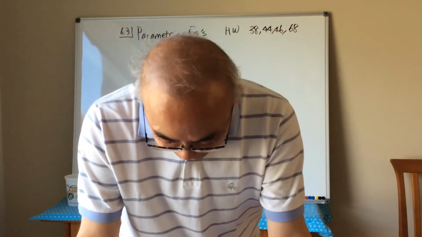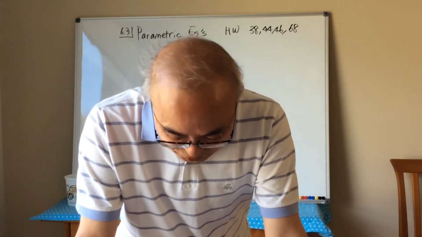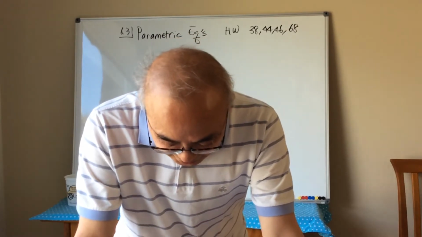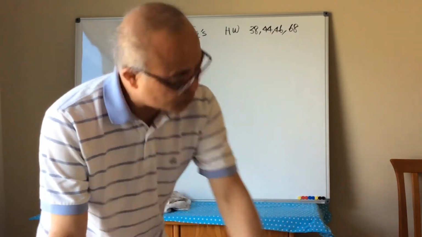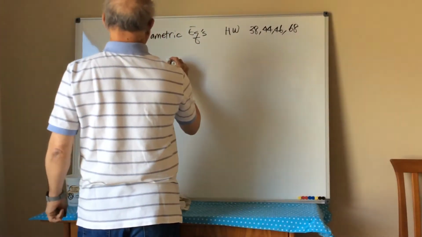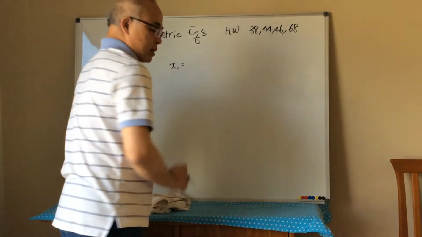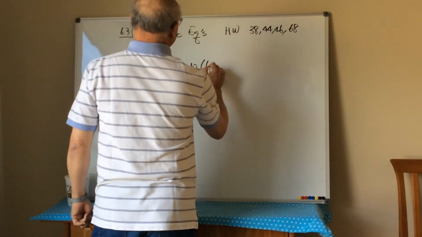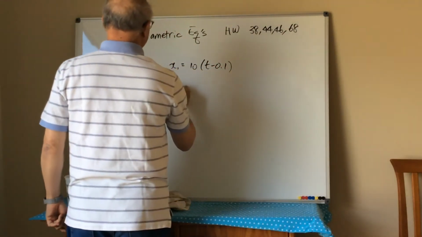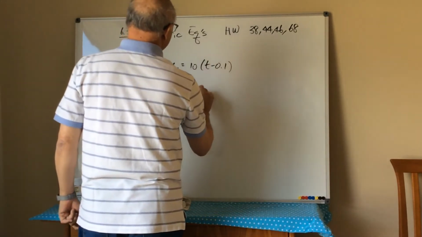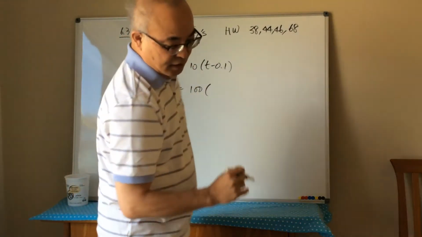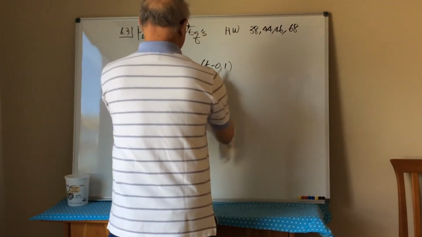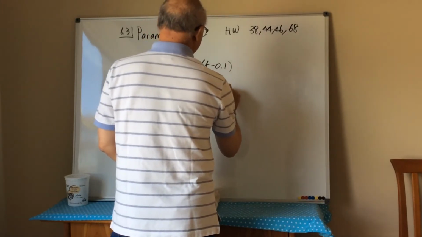38, capture the flag. Two opposing players in capture the flag are 100 feet apart. On a signal they run, capture the flag, and you have x1 and x2. x1 is given as 10(t - 0.1), where x2 is 100 minus 9t.